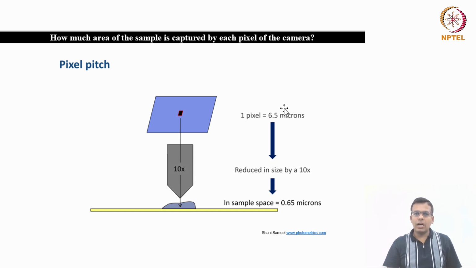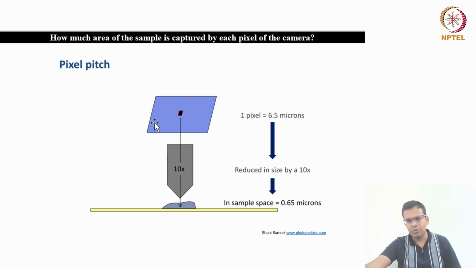Now coming to how much area of the sample is captured by each pixel of the camera. Okay, so let's say this is your slide, this is your sample, this is a 10x objective lens, and here is the camera CCD chip, and this is one pixel of that camera CCD chip.